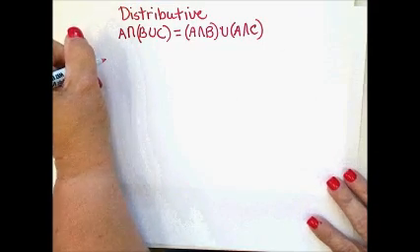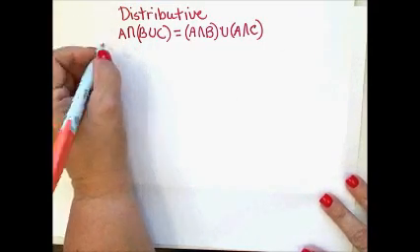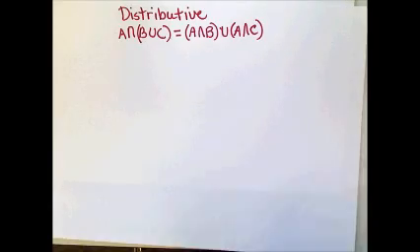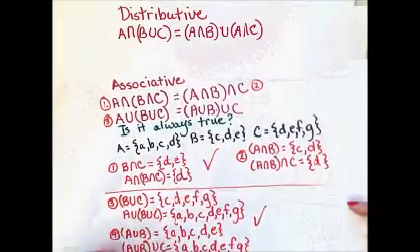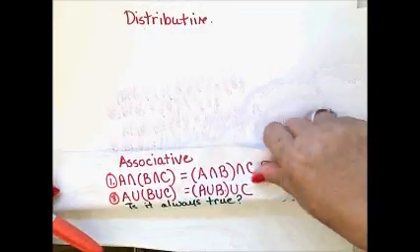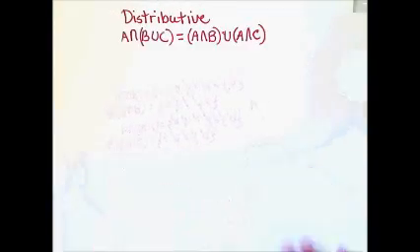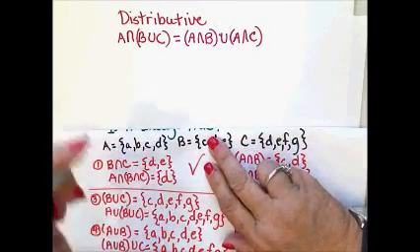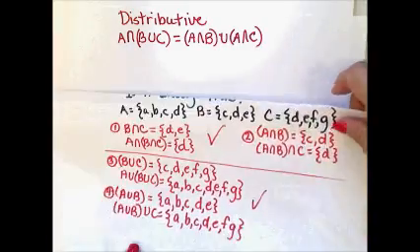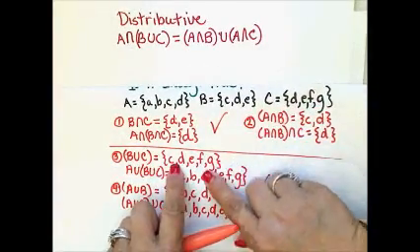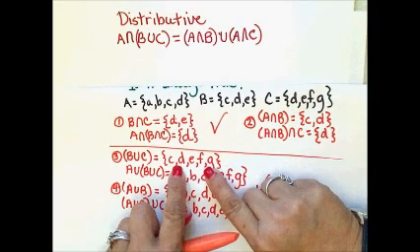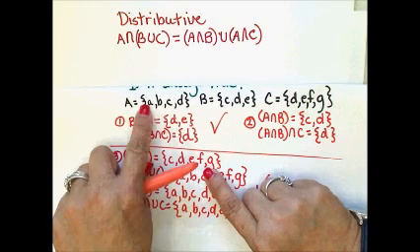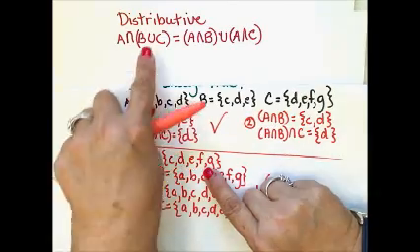Alright, so let's work it out and let's see what we get. Are these two things equal? Alright, so we're going to use the same sets that we had just a minute ago. So I'm just going to fold that down there so we can see them. So we've got B union C. Now, I'm doing that because we've got this right here. Okay, B union C I wrote down here already as this. So if I put that with A, now notice this is union, this is intersection.